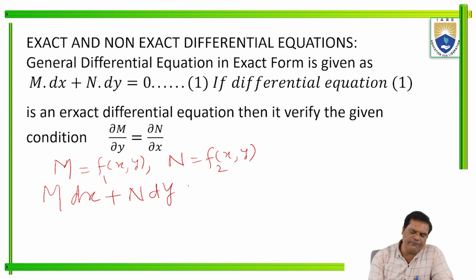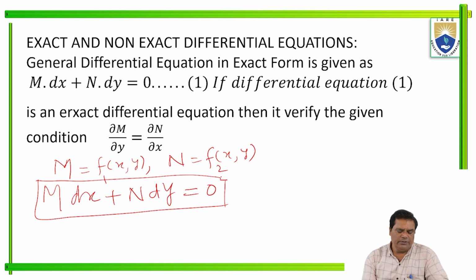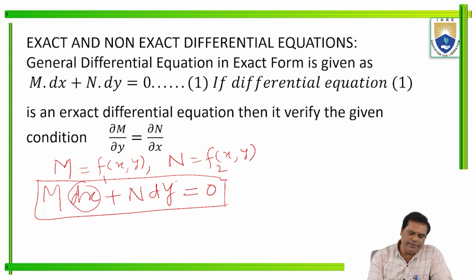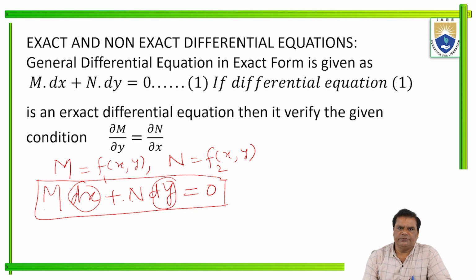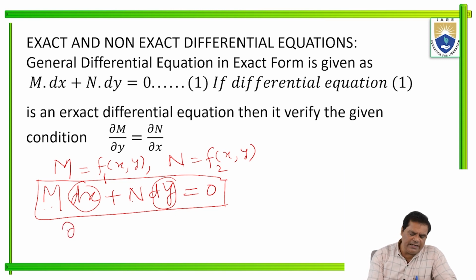This is the general form of a differential equation, which is exact or non-exact. The coefficient of dx is M, the coefficient of dy is N, and both are functions of x and y. This differential equation is exact if it verifies the condition: del M over del y equals del N over del x.